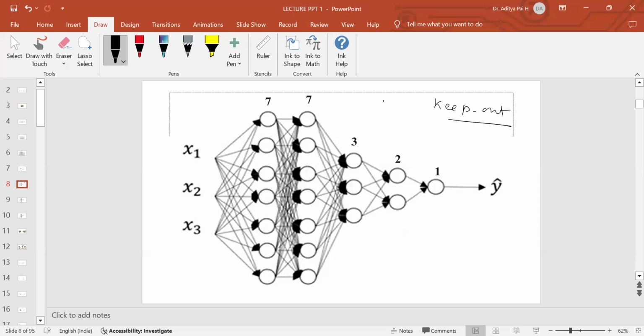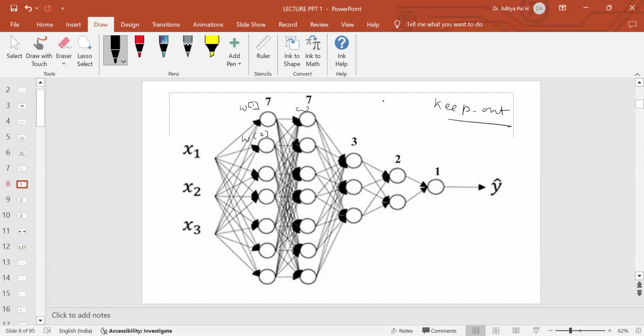In this case, the first hidden layer has 7 hidden units, the second hidden layer has 7 hidden units, the third has 3, the fourth has 2, and the final has 1. For each, we decide what the keep probability is, and you can see the weights applied between these layers.